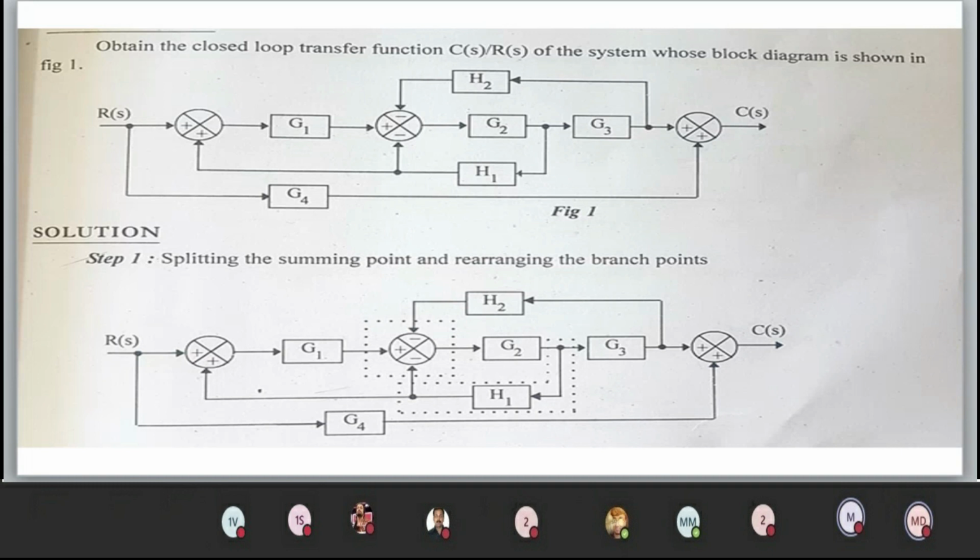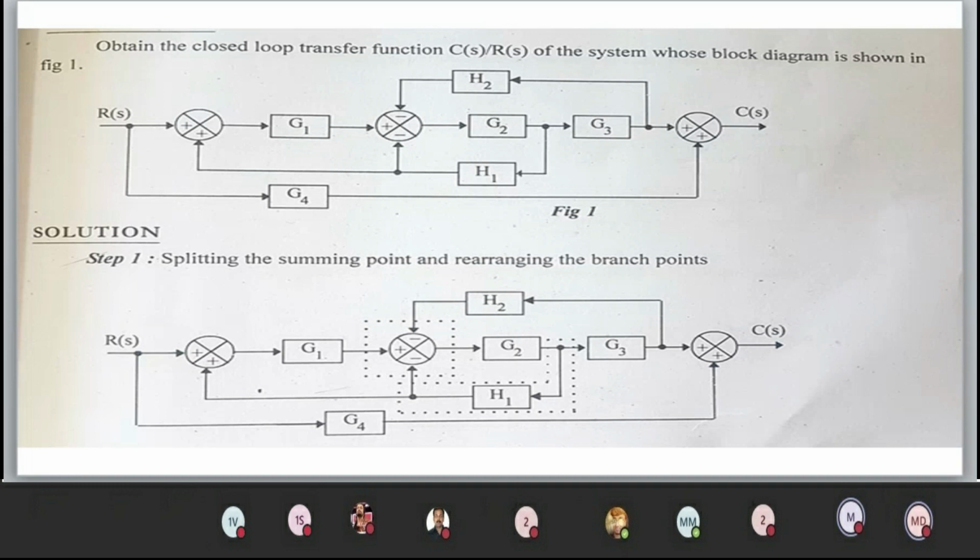Now notice that you have a summing point which has 3 inputs. G1 is entering at the plus point. H1 and H2 are entering at the minus point. You have one summing point with 3 inputs and 6 blocks.